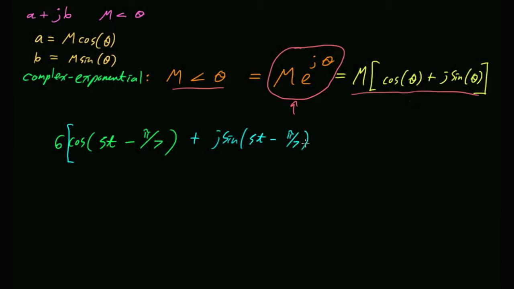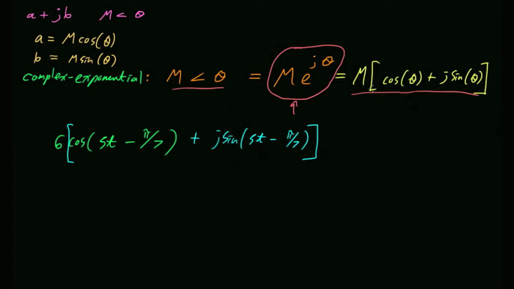So I started with a cosine, and now I'm just going to add the sine, just for fun. We'll get rid of it in a minute. But right now I'm just going to add it because it's going to make the math a little easier. So can I take this portion in the middle and write it as a complex exponential?